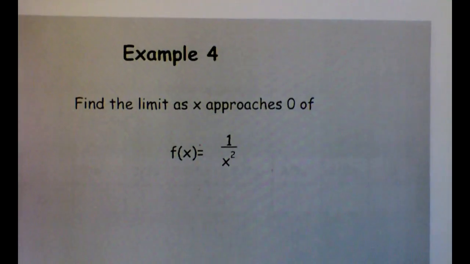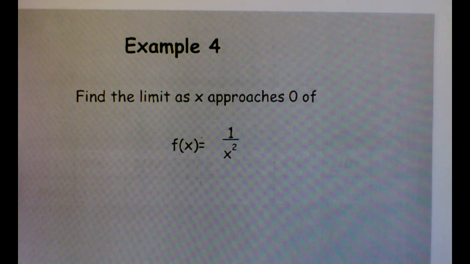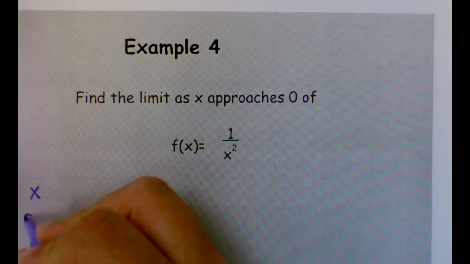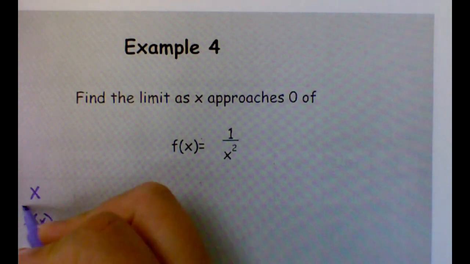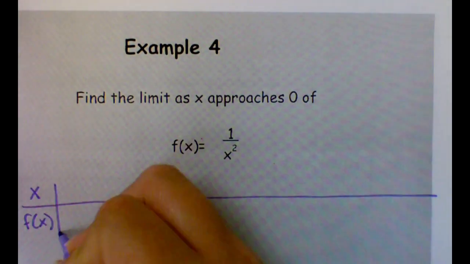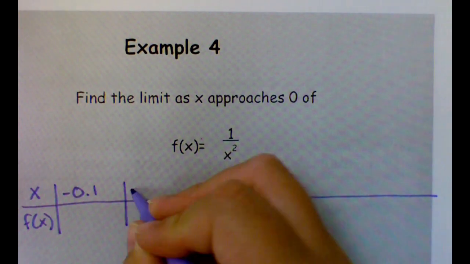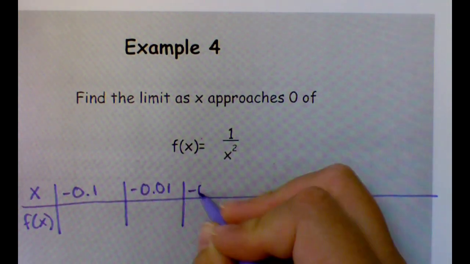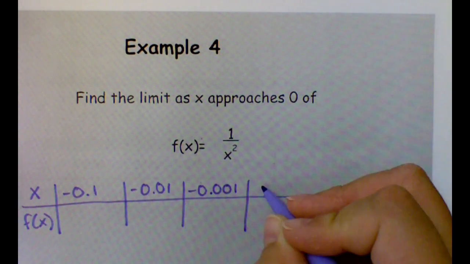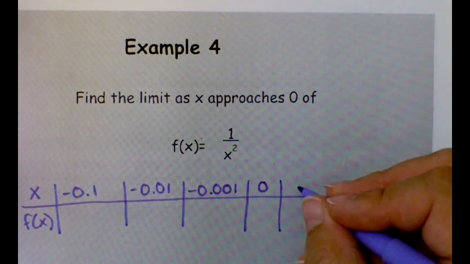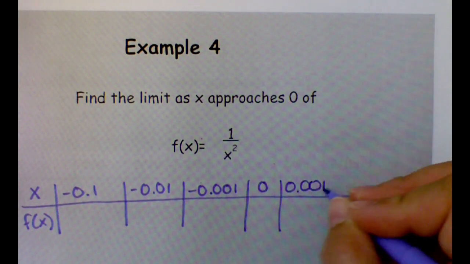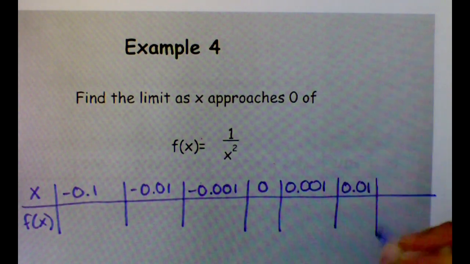Let's look at the limit as x approaches 0 of this one. So again, we will create a table. Negative 0.1, negative 0.01, negative 0.001, 0, positive 0.001, positive 0.01, and positive 0.1.